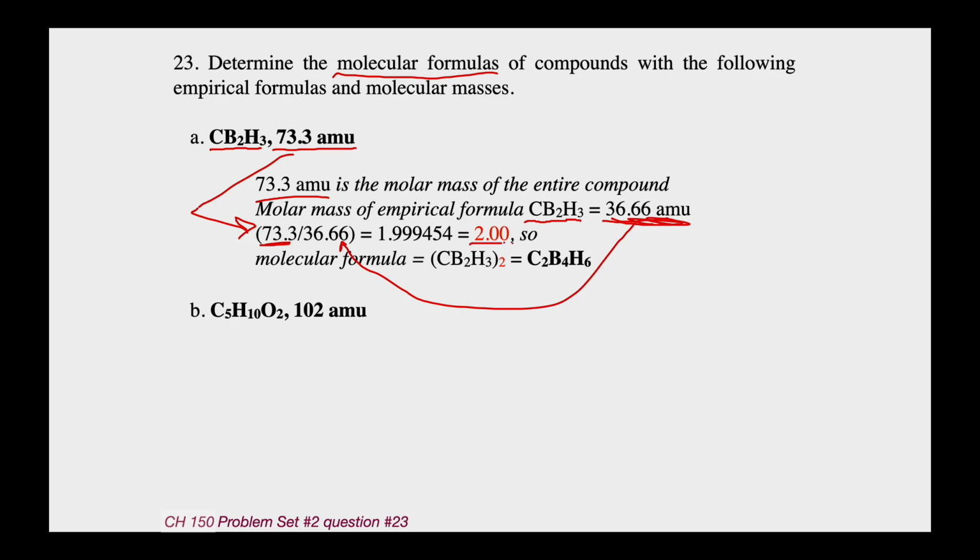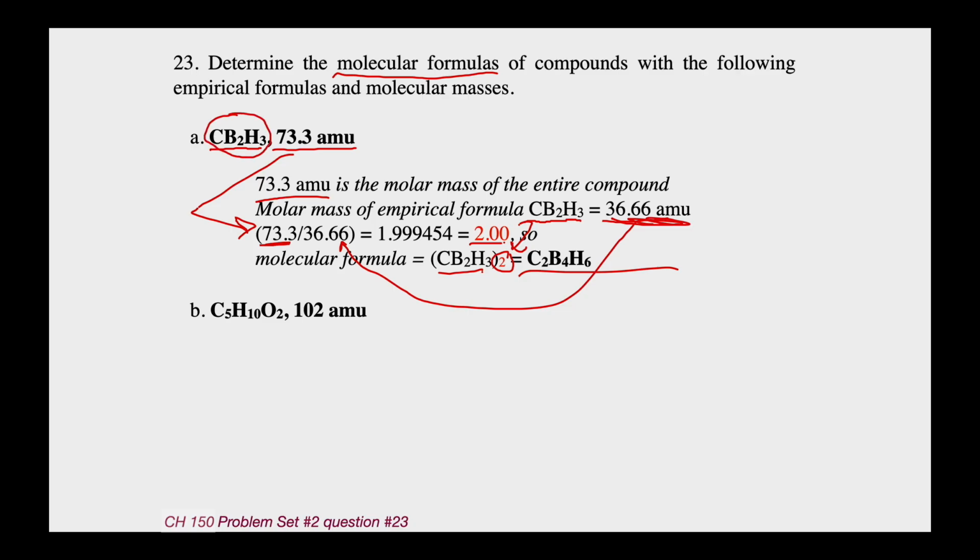In this ratio, you can see it comes out to be 2.00. So we're going to take the empirical formula twice based on this ratio. That means that the molecular formula of the whole thing is twice the empirical, or C2B4H6.